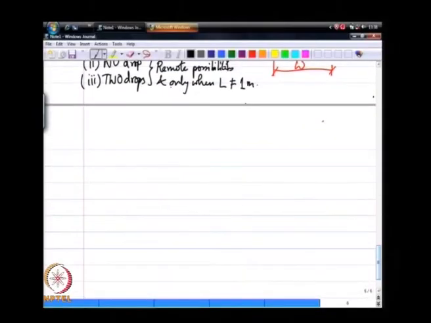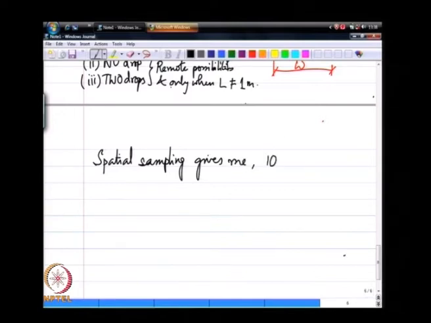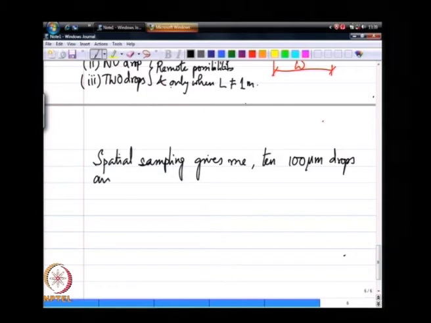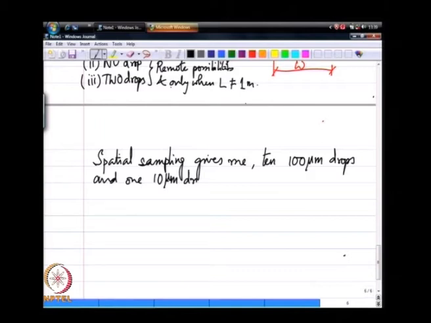Okay. So, essentially, if I do this spatial sampling correctly, I could have ten 100 micron drops and one 10 micron drop.